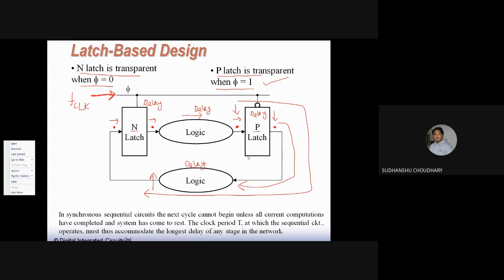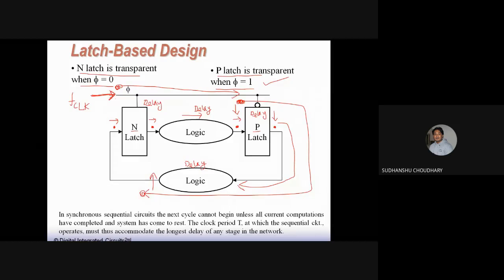That is, one delay is when the data is processed from this point to this point, and the other delay is when the data is processed from this point to this point. The maximum of these two will be incorporated in the clock period. So this is how we decide our clock frequency or clock period, and there are many more things that have to be added.